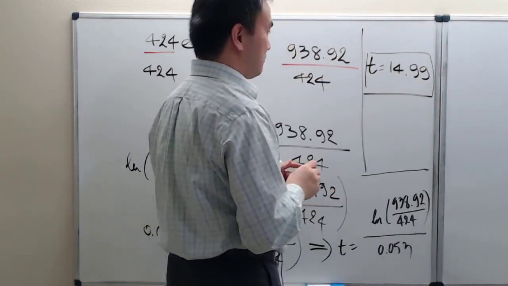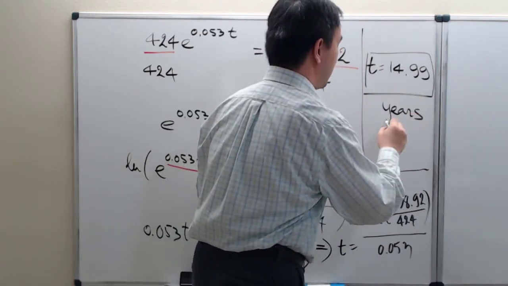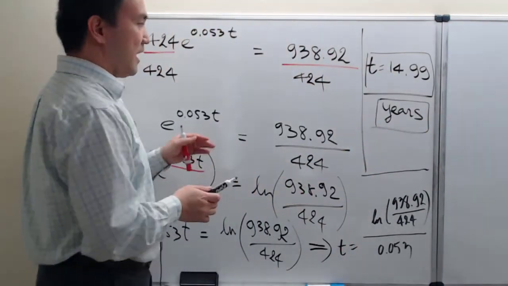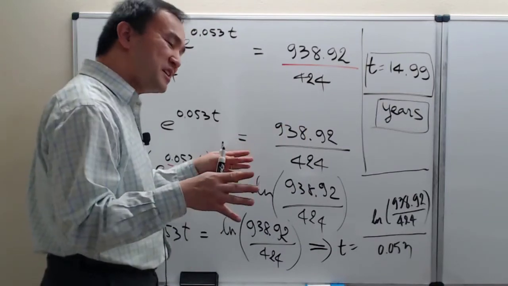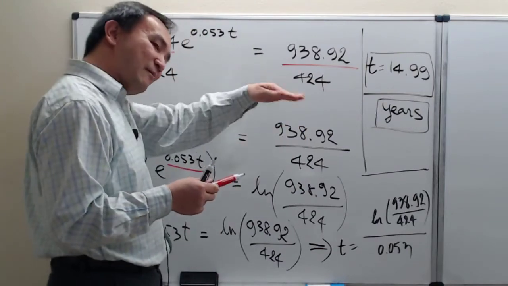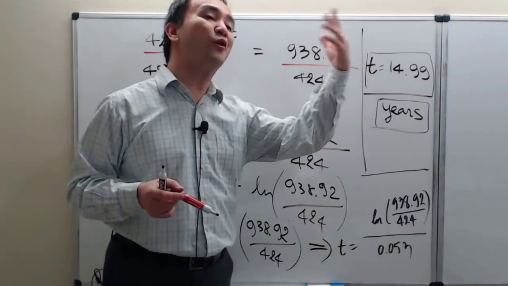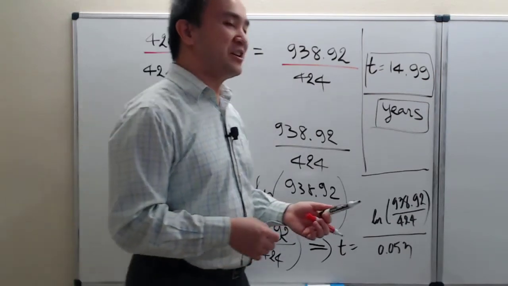The problem is indicating that time is in years, so it takes that many years. At 14.99, nearly 15 years after the day we did the investment, the account would grow at $938.92 per year.